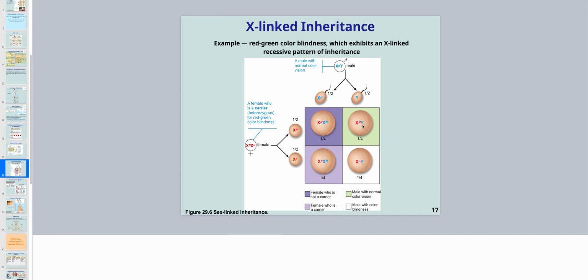You're going to inherit a Y chromosome from dad, and then if you inherit the diseased allele from your mom, you are going to be afflicted with the condition. So go over this Punnett square table to make sure you understand this concept, and why this is more prevalent in males compared to females. That's generally going to be the case for X-linked recessive inheritance.